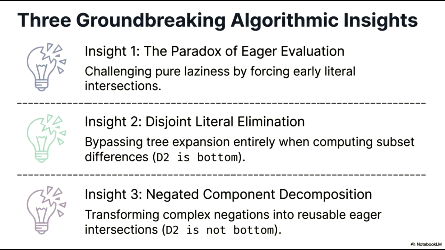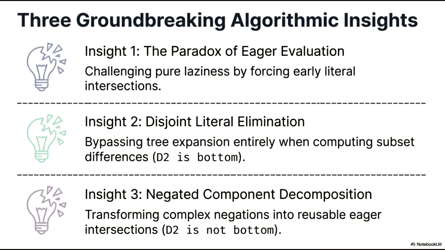Let's examine 3 groundbreaking algorithmic insights that redefine how we approach complex computations. The first is the paradox of eager evaluation, where we challenge the standard reliance on pure laziness by forcing early literal intersections to improve overall efficiency.